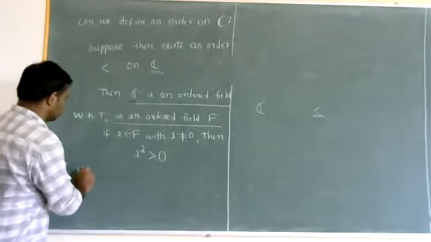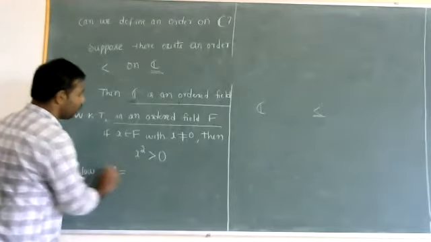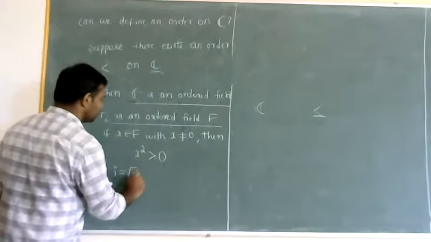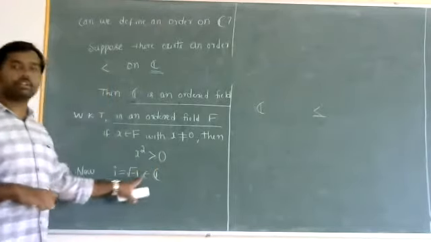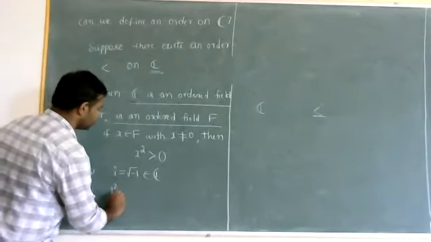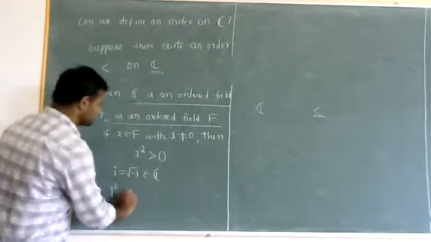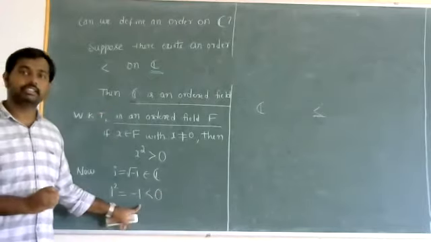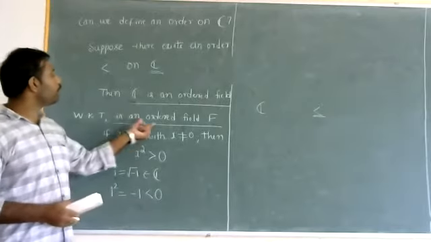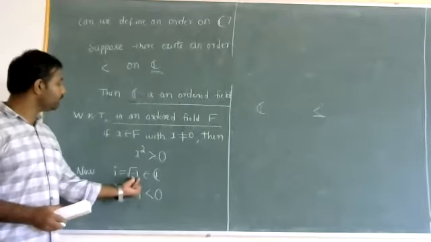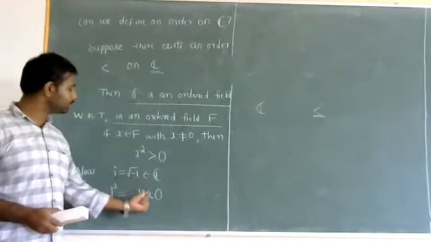Now I consider a complex number, which is i. i is a complex number whose value is the square root of -1. Now what is its square? We know that i squared is -1, which is negative. But according to the property of an ordered field, the square of every non-zero complex number has to be positive.